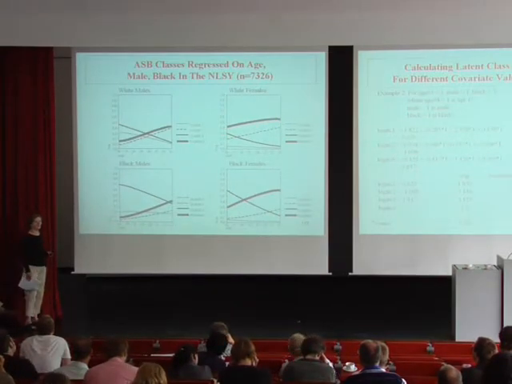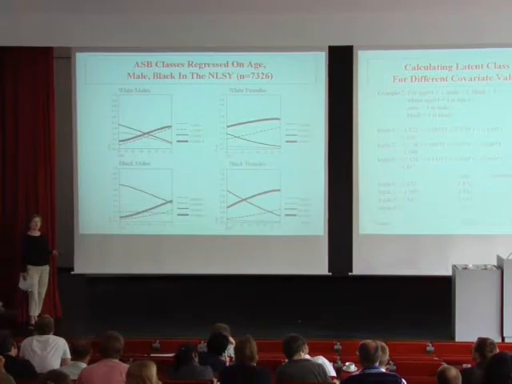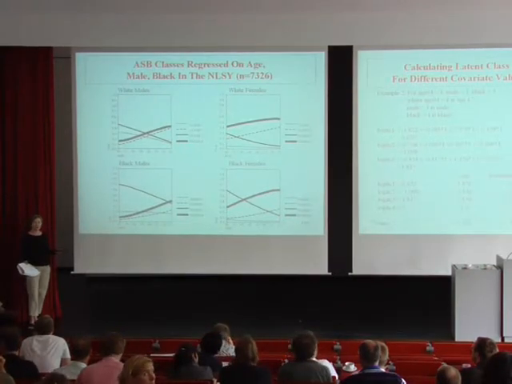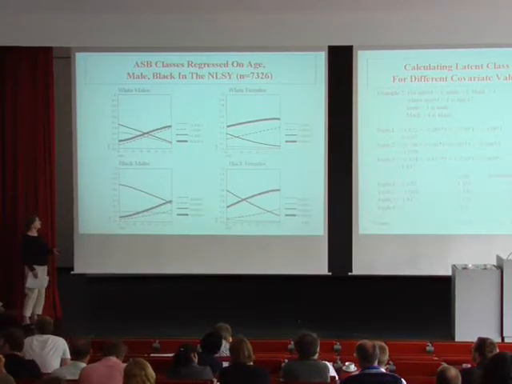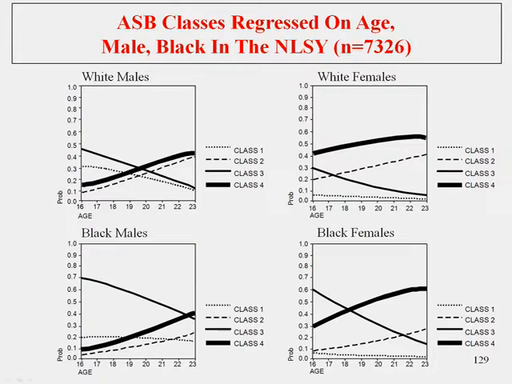You can take a look at the others and interpret them yourselves. But basically, this is how you might use the information in an article to understand what is happening. You can see, in the white males, where the crossover occurs, around in between 19 and 20.